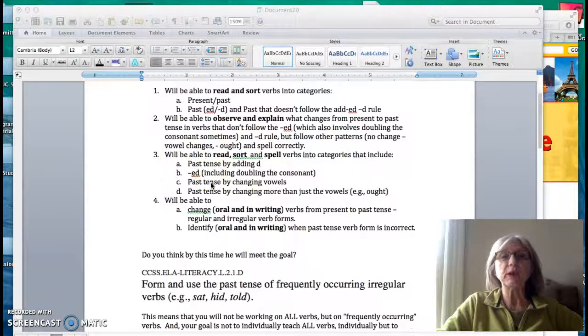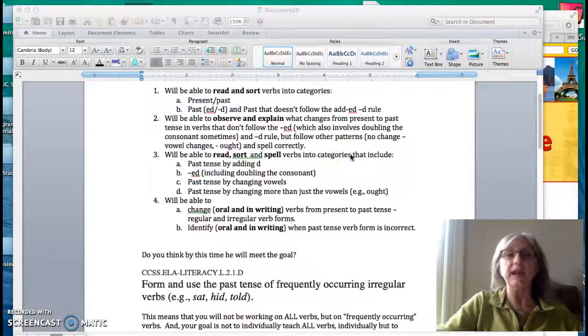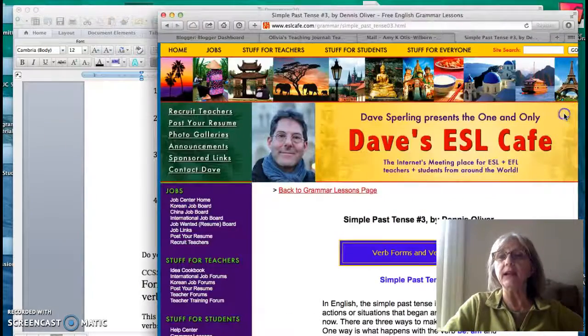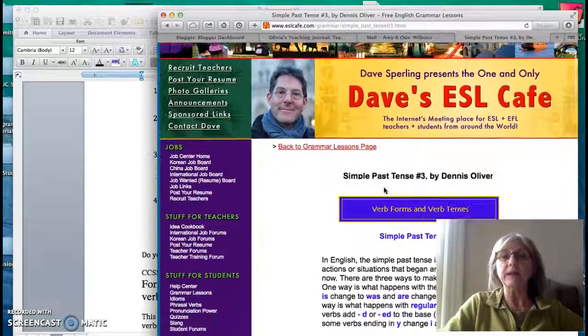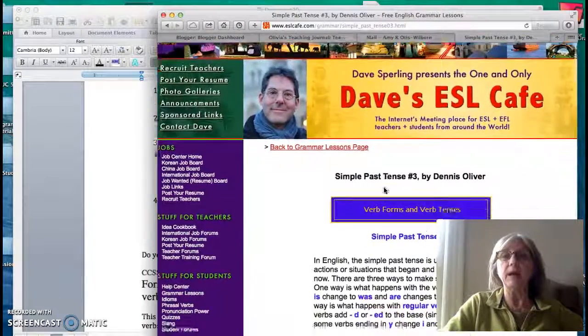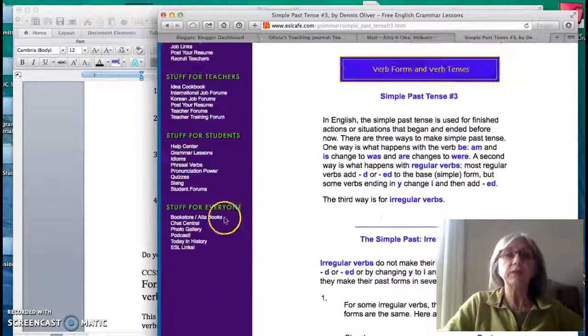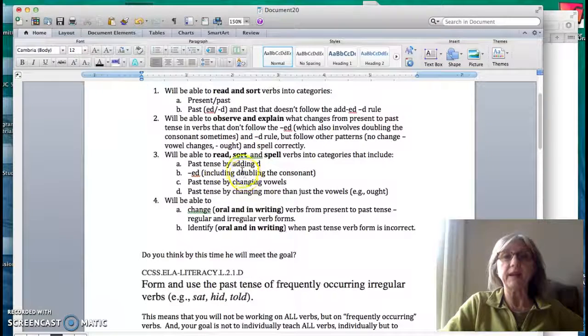A third benchmark would be to read and sort and spell verbs into the different categories. And I created 4 based on a website that I give you the web address to, which really creates 4 different categories.